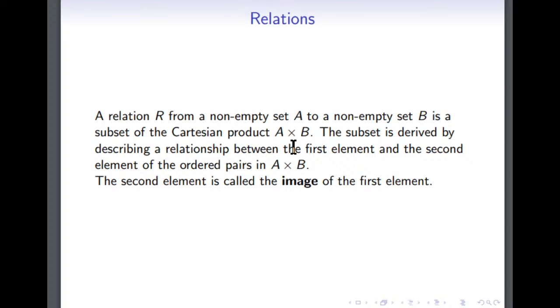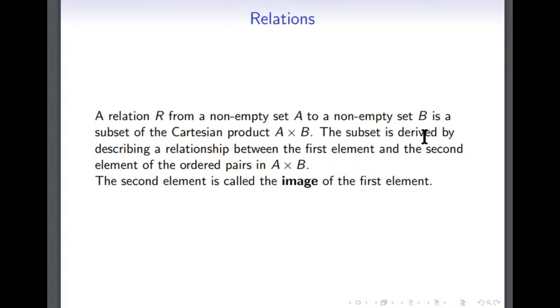Now let's get to the definition part of relations. A relation R from a non-empty set A to a non-empty set B is a subset of the Cartesian product A cross B. Where this Cartesian product came from, we will understand later.